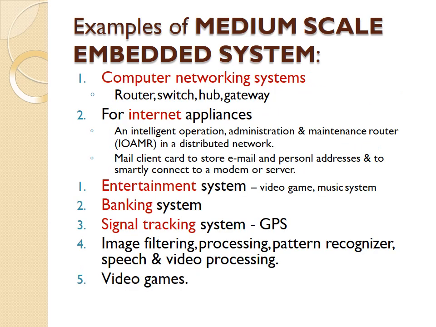The next one is medium scale embedded systems like computer networks, routers, switches, hubs, gateways, internet appliances, entertainment systems, banking, signal tracking, video games, image filtering, processing, and pattern recognition. So these are the medium scale embedded system designs.